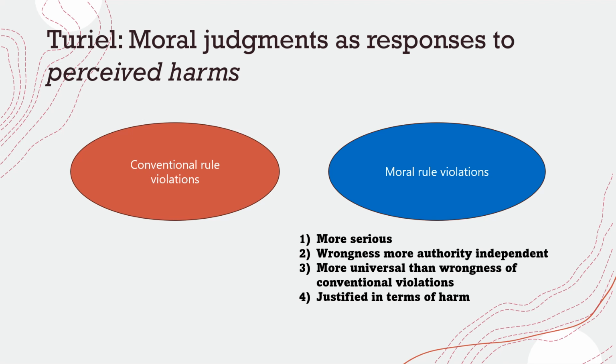But it's a relatively trivial variation, and it wasn't intended to cause harm. It was a mistake. The child didn't understand the rule, but there's no moral charge to what the child did. It's not as serious or as wrong as we consider moral violations.